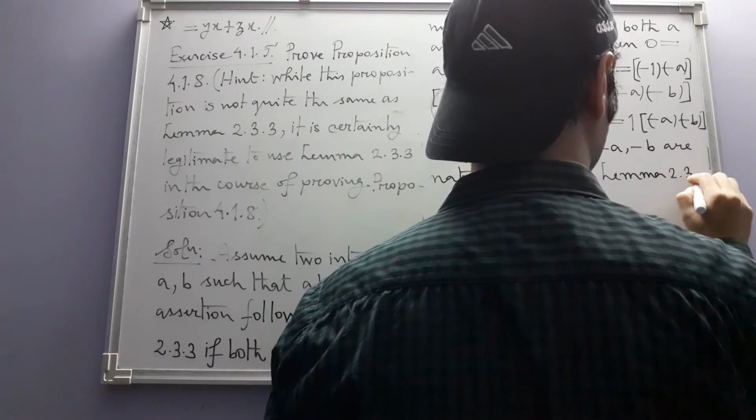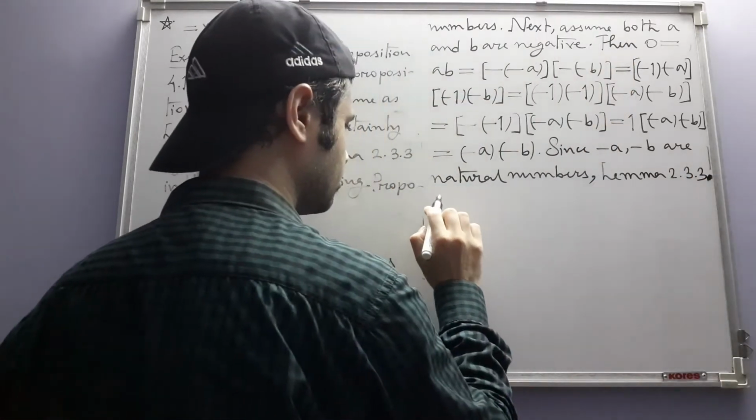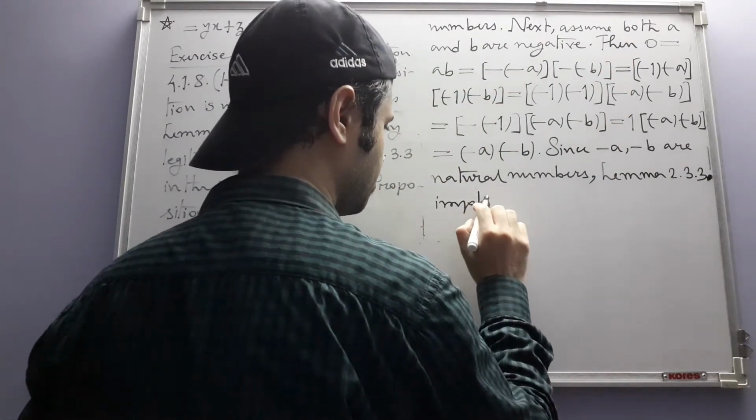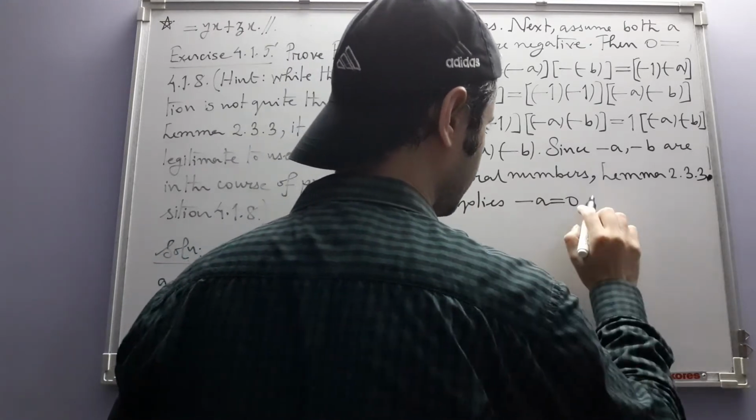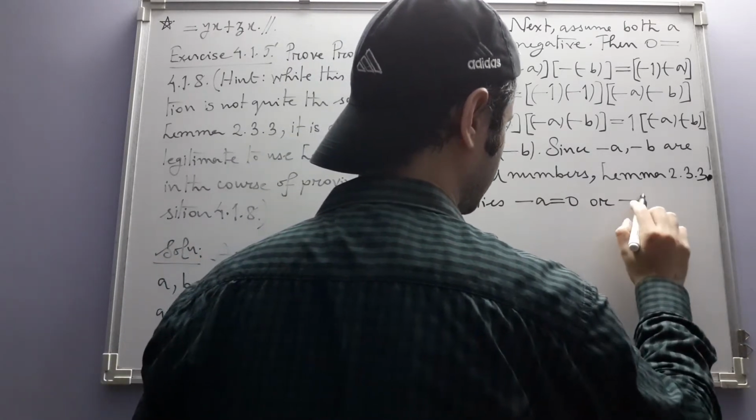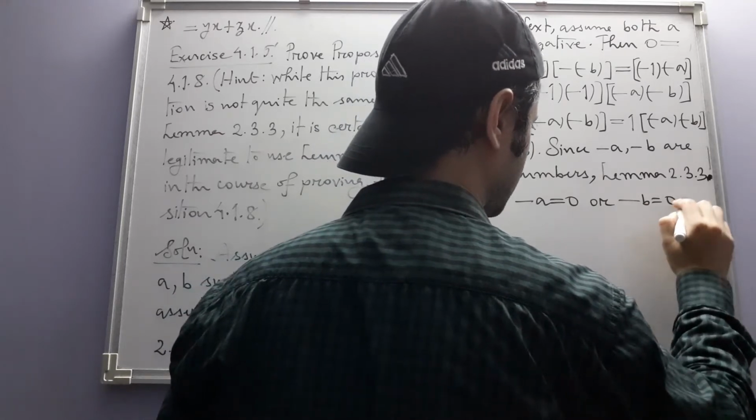So lemma 233 implies minus a is 0 or minus b is 0.